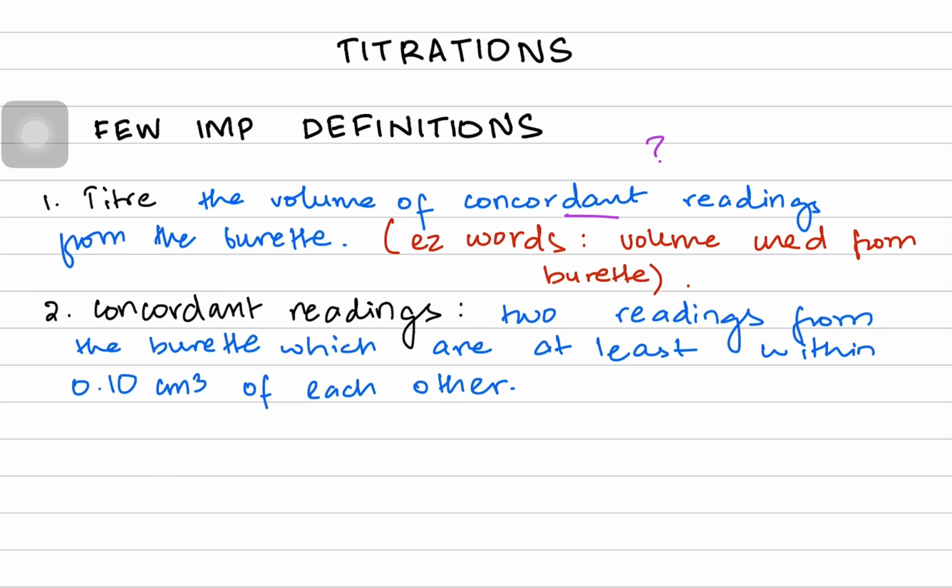So it means two readings of the burette which have a difference of maximum 0.10 centimeter cube, not more than that. Let me give you an example.